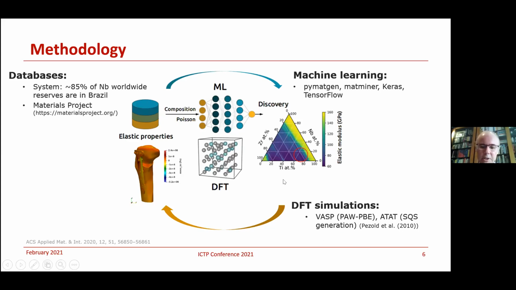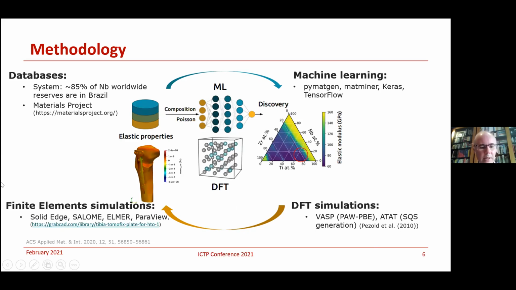Now, this information that comes from density functional theory is then used to feed the elastic properties, where you perform some finite element simulations. You could see if the alloys and systems that you search for are in good shape to be used in real conditions and also for real applications.